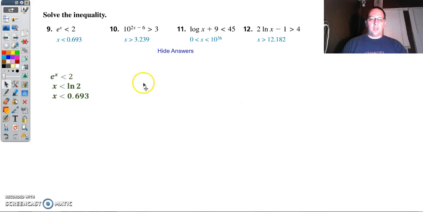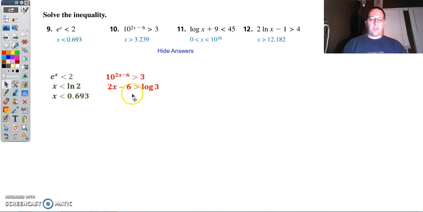Number 10, original problem. This one's a little bit more complicated because we have this extra stuff going on here, but it's not too bad. We're going to write this in logarithmic form. So again, the inequality stays in the same orientation relative to the x. So we have 2x minus 6, that's our answer now, greater than log base 10 of 3, so common log of 3.